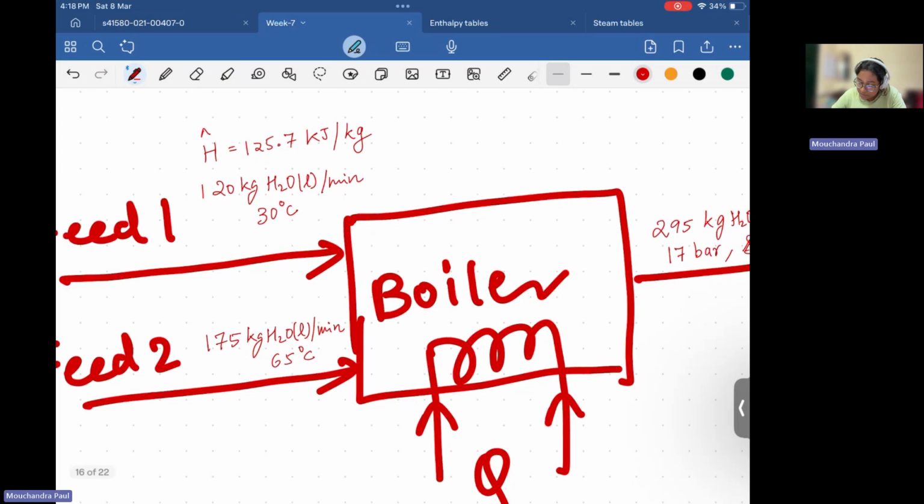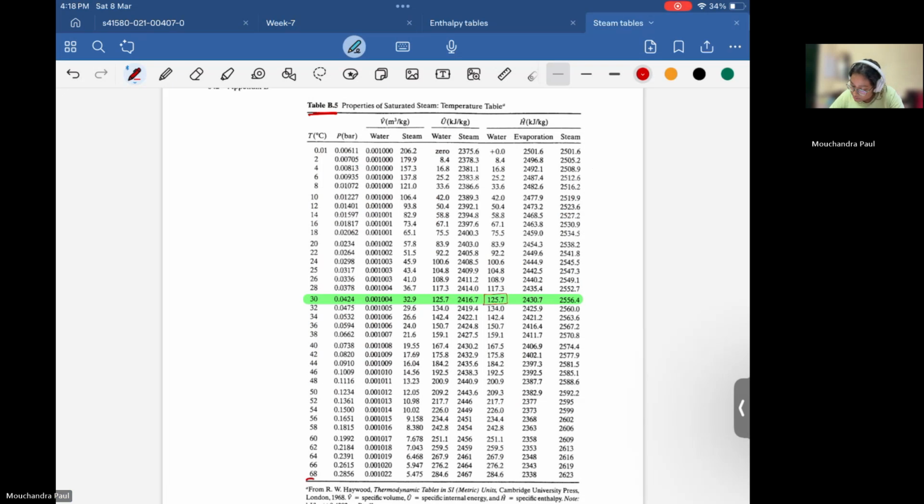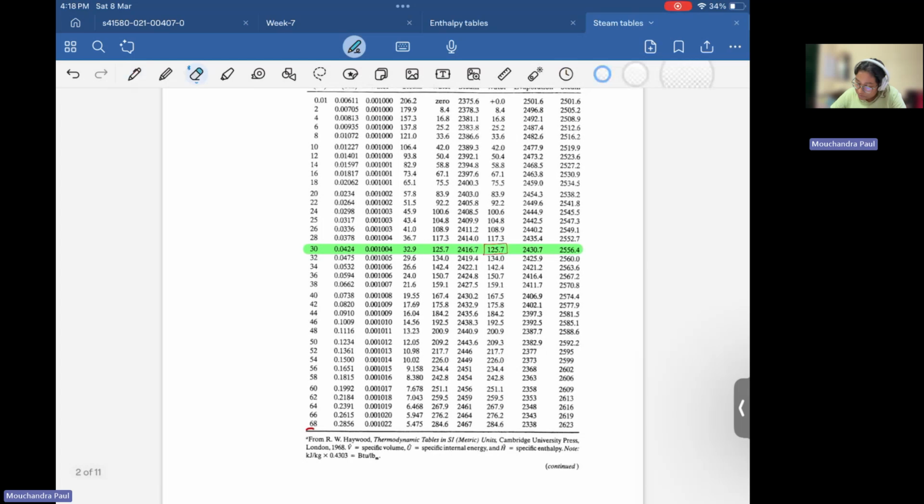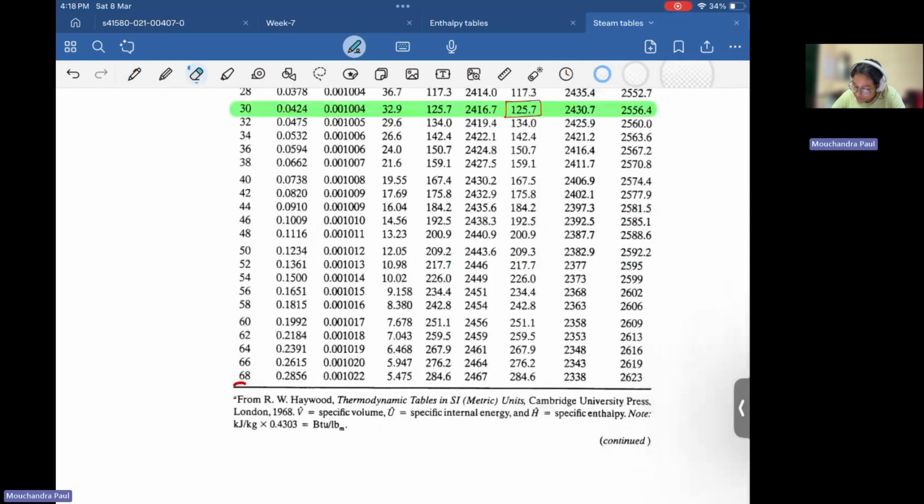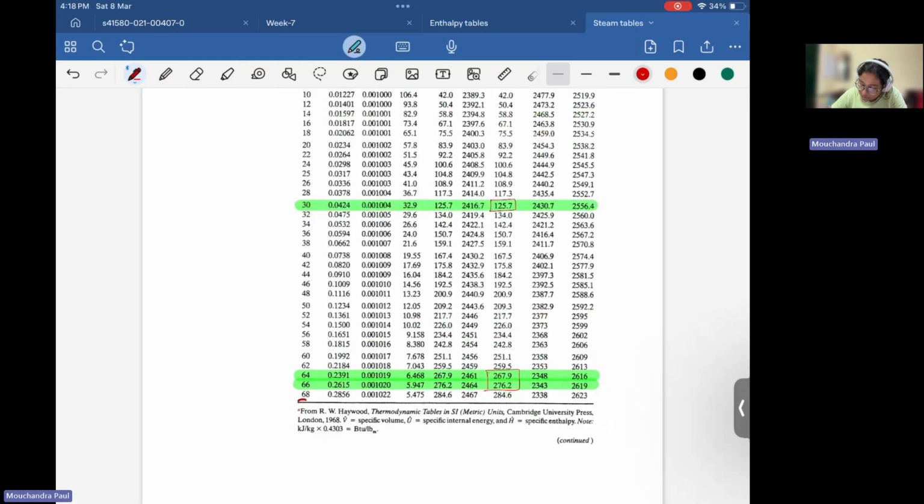Similarly, for feed 2 at 65 degrees Celsius, the enthalpy will be obtained through interpolation, because 65 lies between 64 and 66. So if we quickly do interpolation, do you know the formula of interpolation?